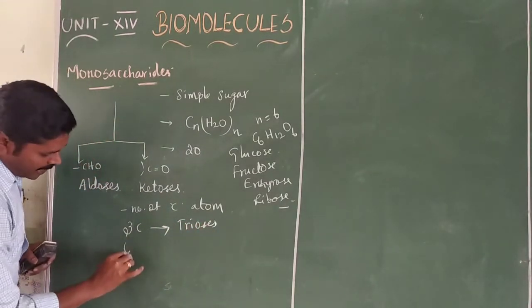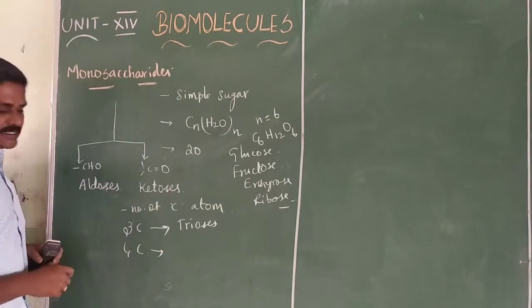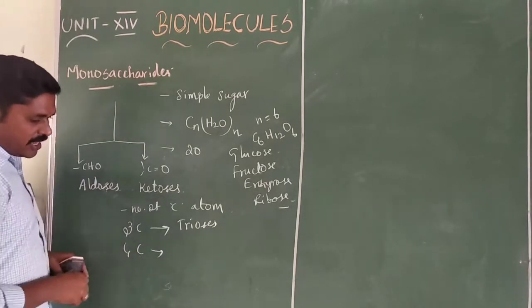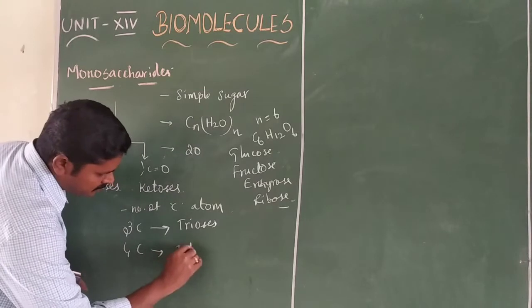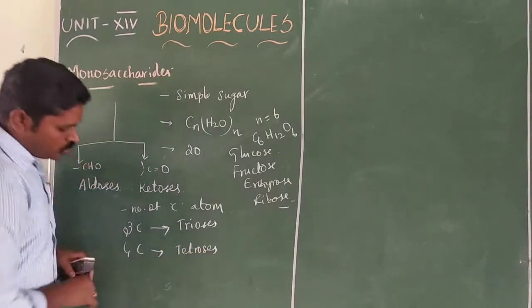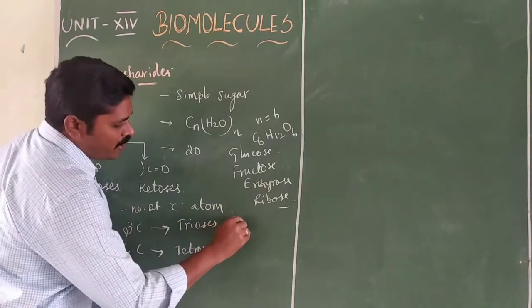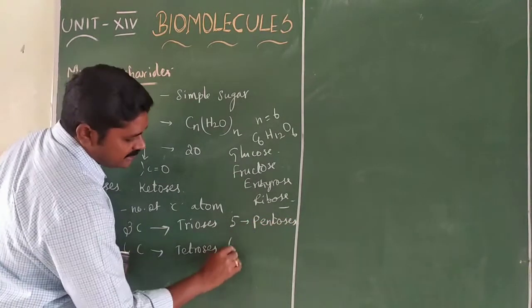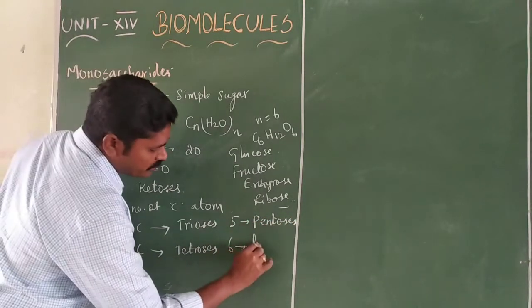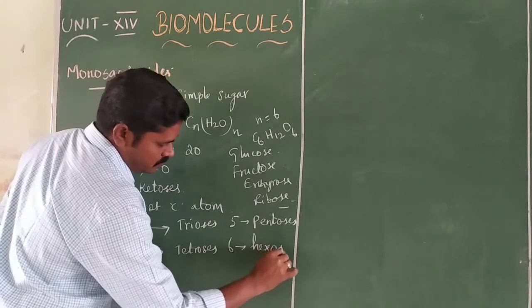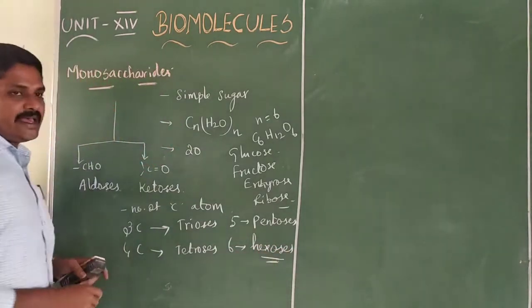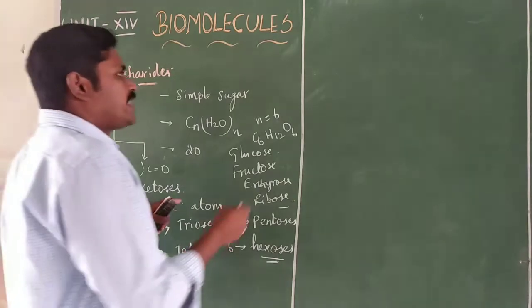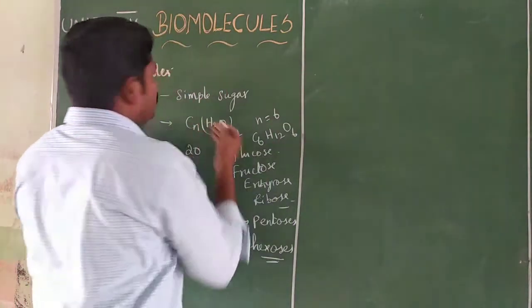With 4 carbon atoms, tetroses. With 5 carbons, pentoses. With 6 carbons, hexoses. So, these are the examples of monosaccharides.